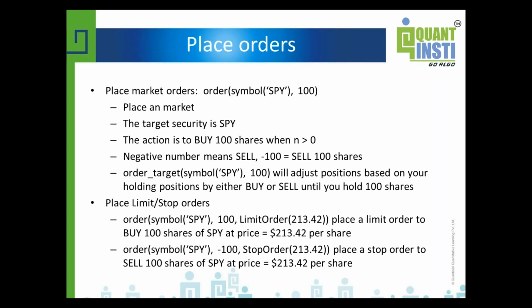If you want to place a stop order, you change it to a stop order and put the price there. I put minus 100, which means we want to sell 100 shares of SPY at a stop price. In this way, you place market order, limit order, stop order.